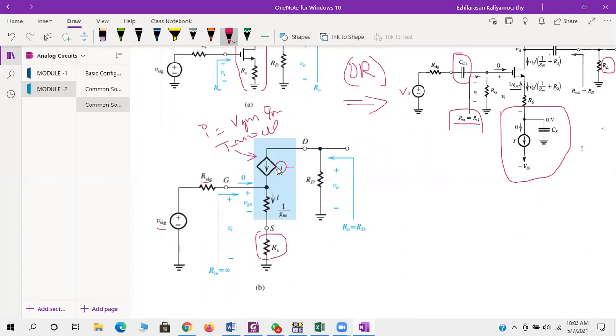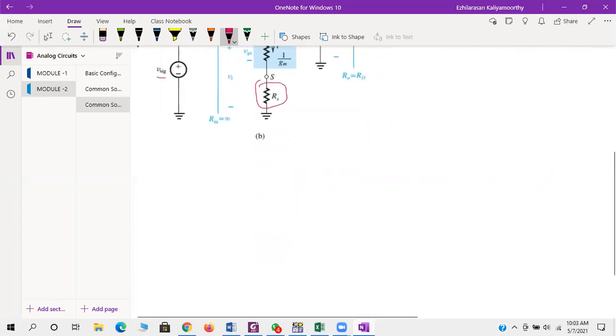Now let us find out the small signal parameters. The first small signal parameter is the input resistance. So first find Rin.